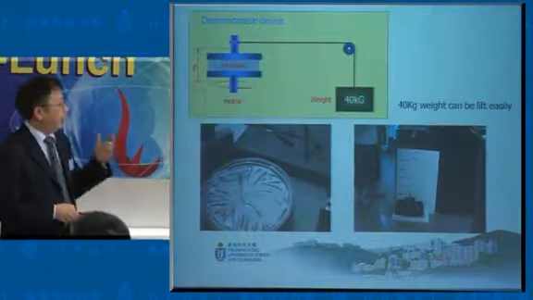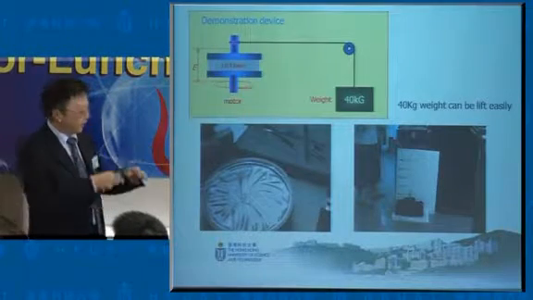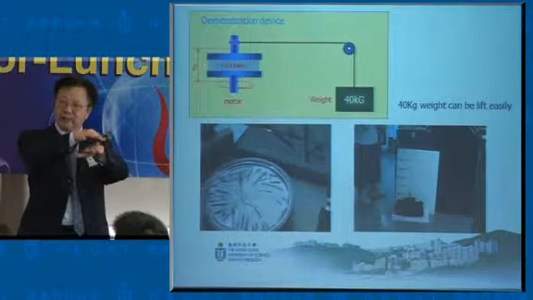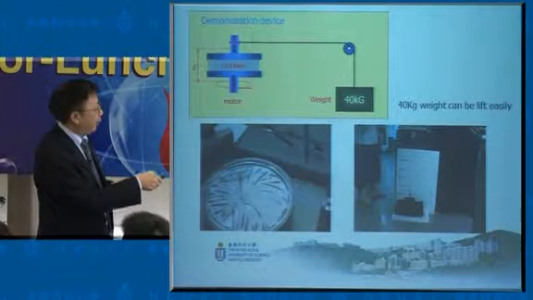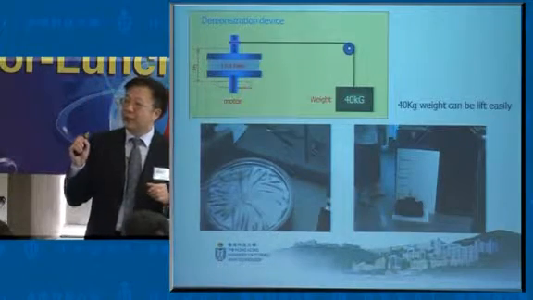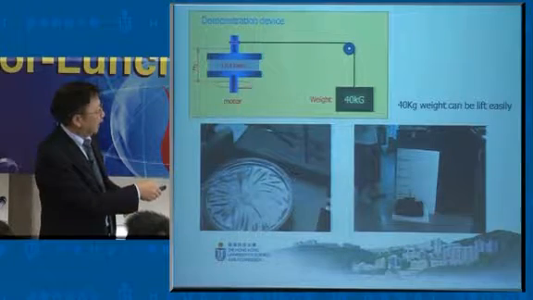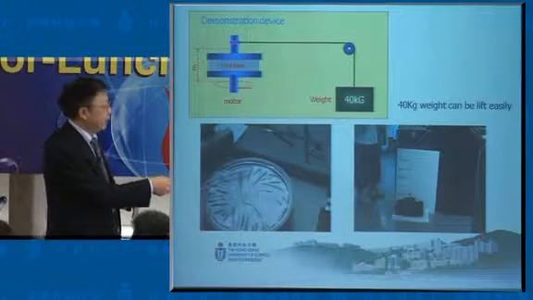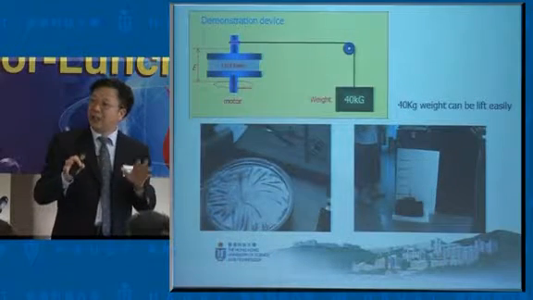Also, we show you a demonstration here. Here the ER flow is sandwiched between the two discs, and the lower one rotates. The upper one is held by 4 kilogram of weight. And if this ER flow can couple together, this weight can be lifted. So that means you can demonstrate the ER effect.